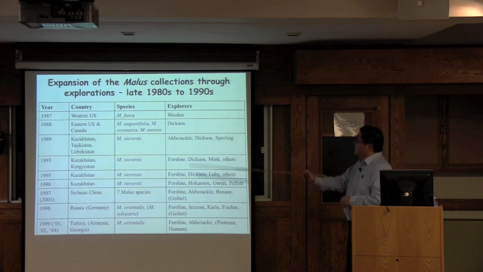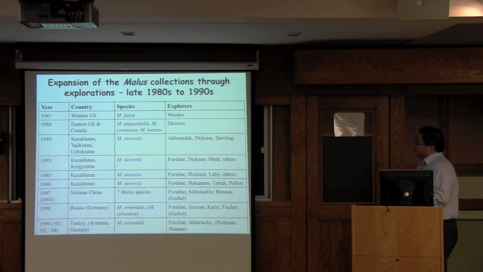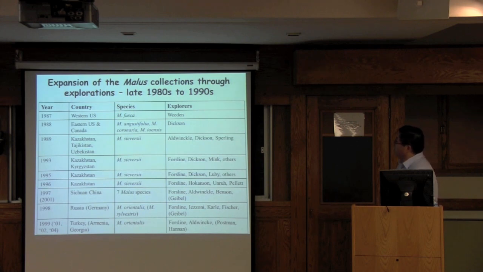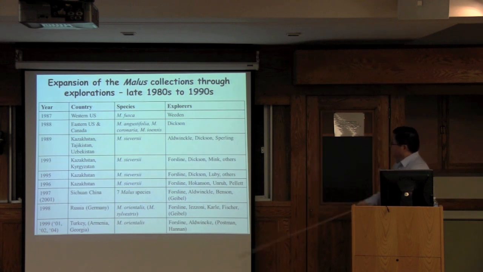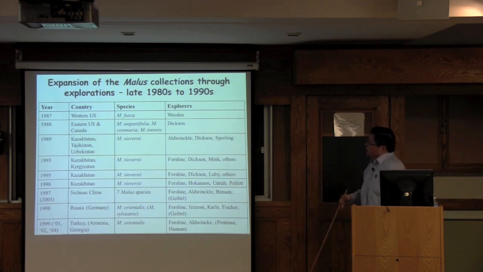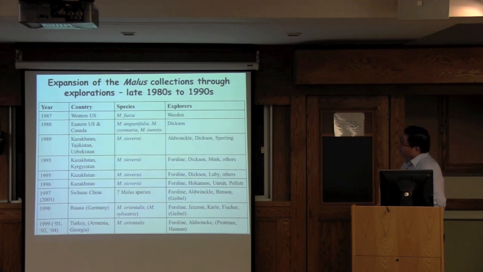3 different species: angustifolia, coronaria, and ioensis. From 1989 on, Professor Herb Aldwinckle, once again together with Elizabeth Dickinson and also with curator Phil Forsline, went to Central Asia, 4 different countries, to collect Malus sieversii 4 different times.